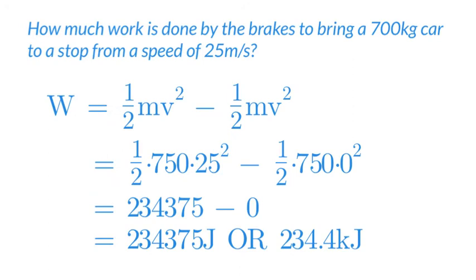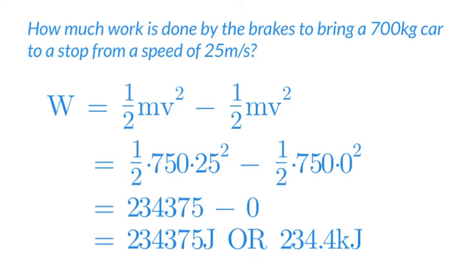Let's say we've got a problem that looks like this. I've got a car, and it's 700 kilos in mass, and I want to know how much work was done by the brakes in stopping it. Now, it tells us it started off with a speed of 25 metres per second.